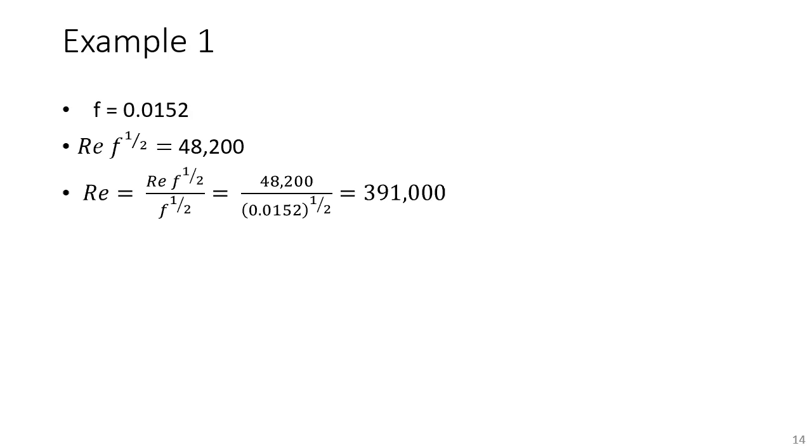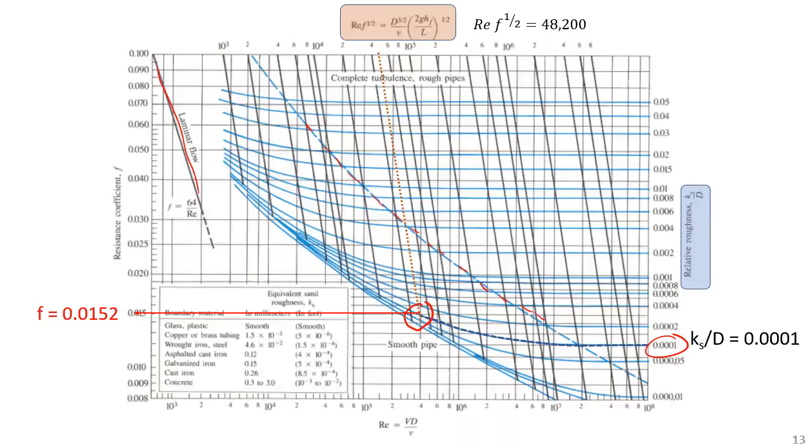I just want to back up to the previous slide. You could have just gone vertically downward. And you can see that it's pretty close to 400,000. I doubt you could have read the accuracy of 391,000, but that's a good visual check for you.